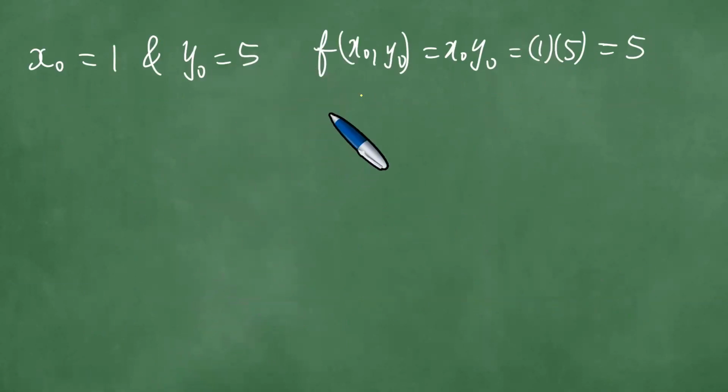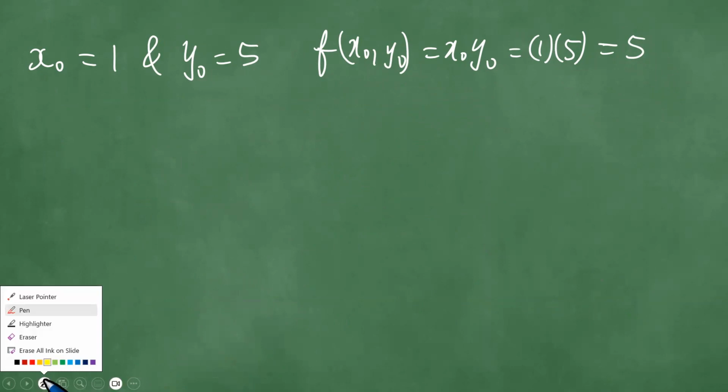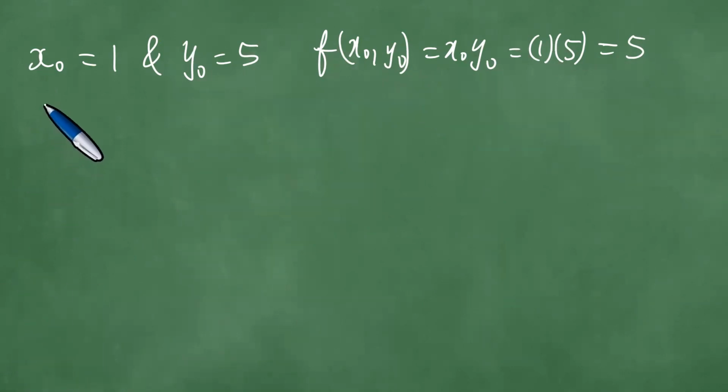Then you find f of x0, y0, which is 5. And then at this point, you need to find the predictor. Always find the predictor first, and then you can find the corrector afterwards. Let's find the predictor. What is the formula for the predictor?